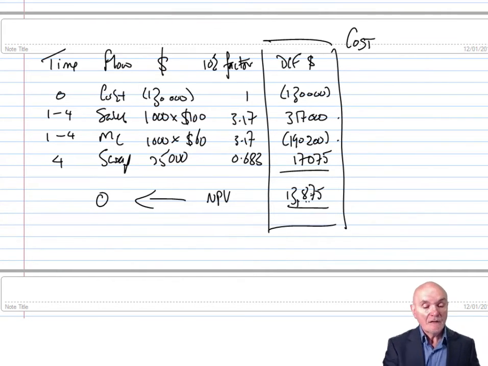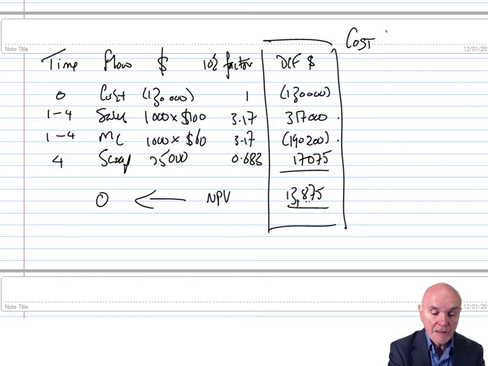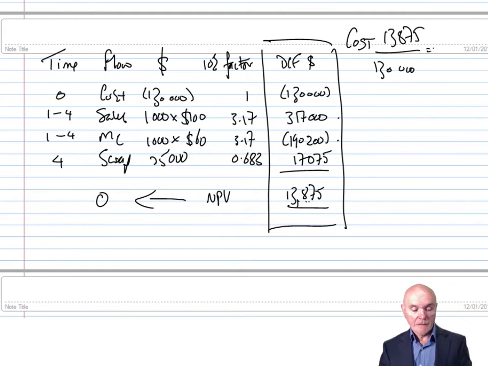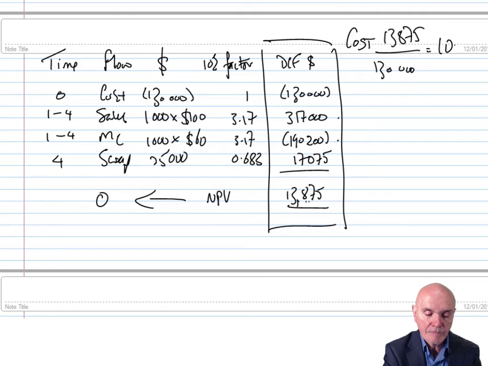So the percentage rise we could tolerate is that: the cost can go up 13,875 divided by 130,000 times 100. It's going to be about 11%, 10.7%.